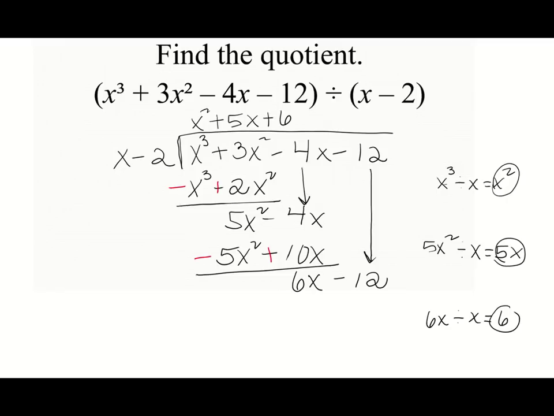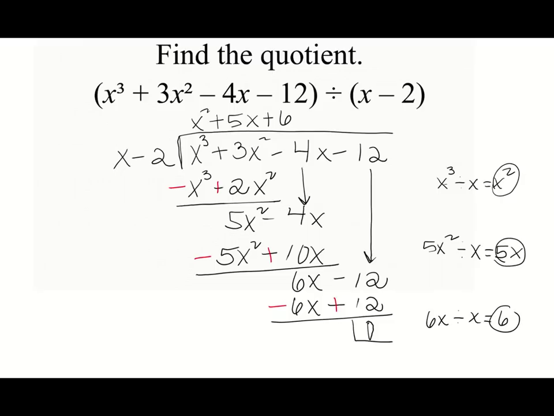So now I multiply that in, so 6 times x is 6x. 6 times negative 2 is negative 12. Draw my line, change my signs, and 6x minus 6x is 0, it goes away, and negative 12 plus 12 is 0. So at the end, I'm left with 0, so I have no remainder.